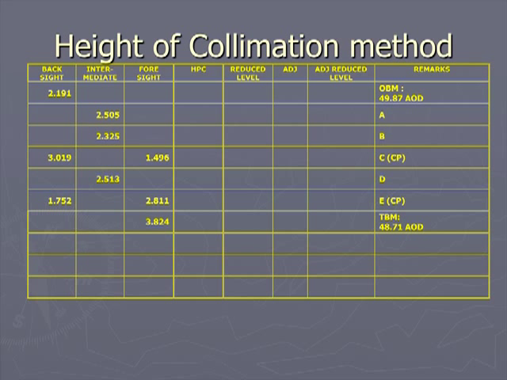You see here the example that you have in your notes, and we have a column of the backsights, the intermediate sights and the foresights. In the remarks column we have the first point with a note of OBM, ordinary benchmark, and its height above ordnance datum, so that is 49.87 above ordnance datum, and then all the other points that we required in the leveling.